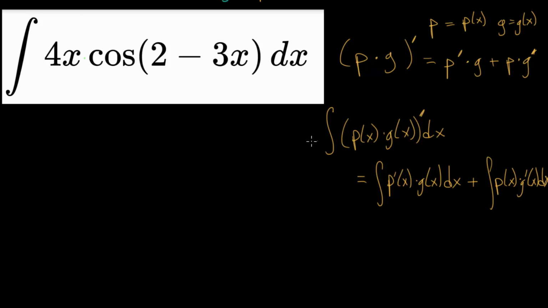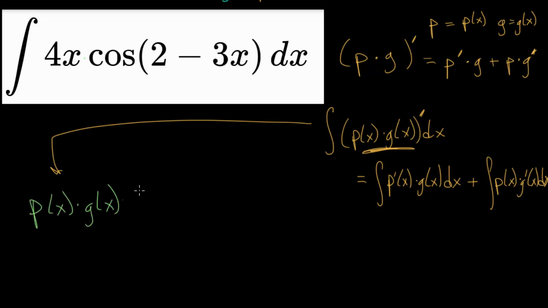Now, at this point, we can use the fundamental theorem of calculus that when taking the integral of the derivative, we just get back the function. And in this case, the function is actually a product of two functions. So let's rewrite that. We will just have p of x multiplied by g of x.